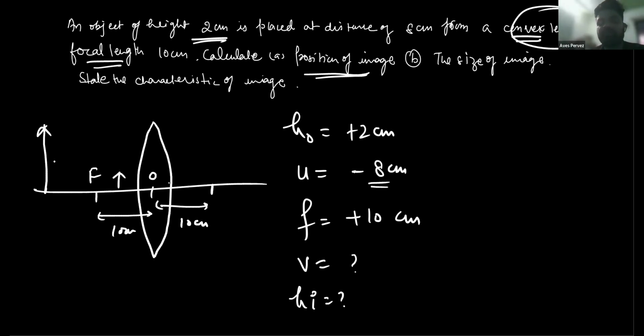It is not necessary that it will be found between R and F, it can form anywhere, but keep in mind it will form on the same side of the lens. So it will be a virtual image. First of all, the characteristics are being asked: virtual, erect, meaning upright, and enlarged.